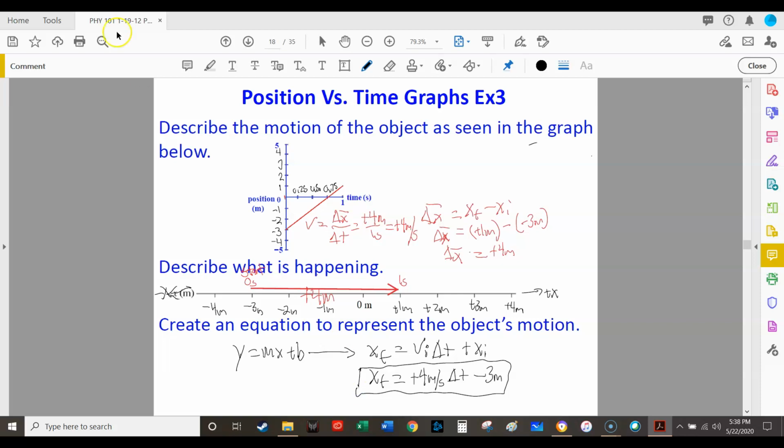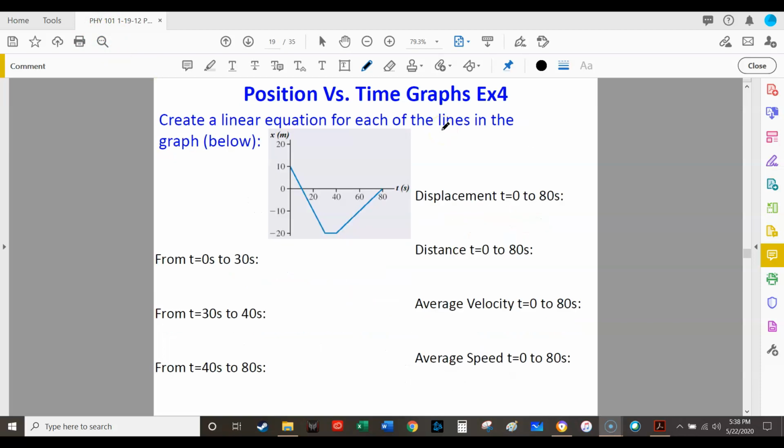Okay, let's move on. The point of this next slide is to use a graph to talk about the difference between average speed and average velocity.